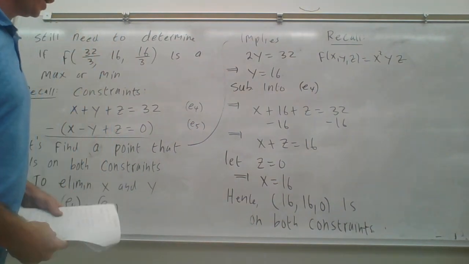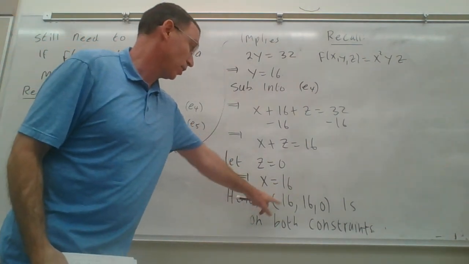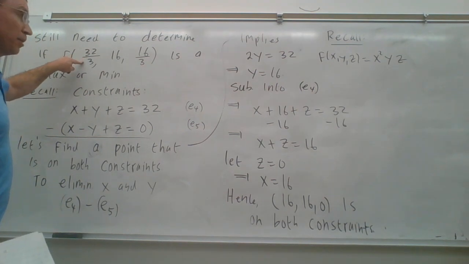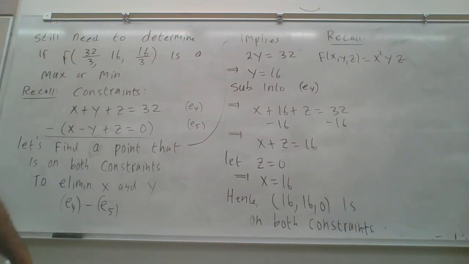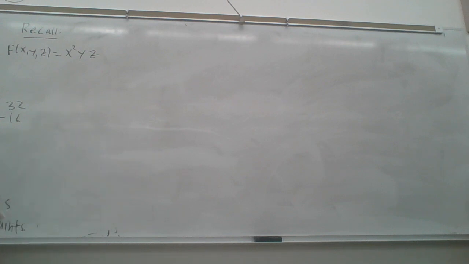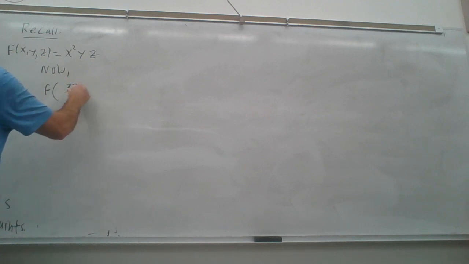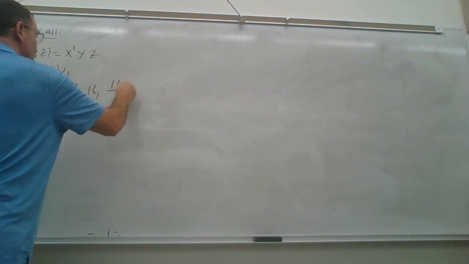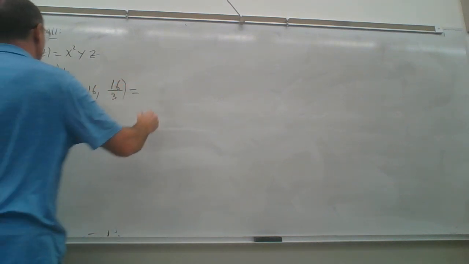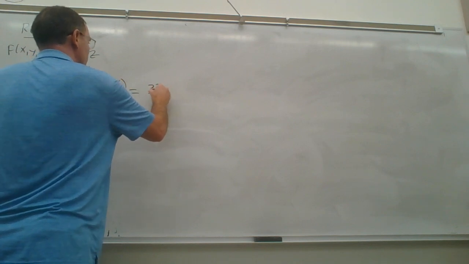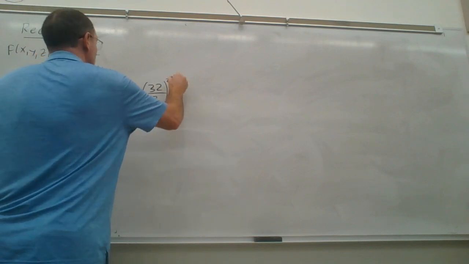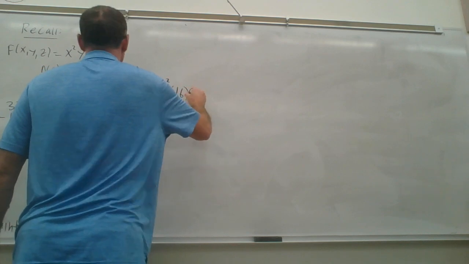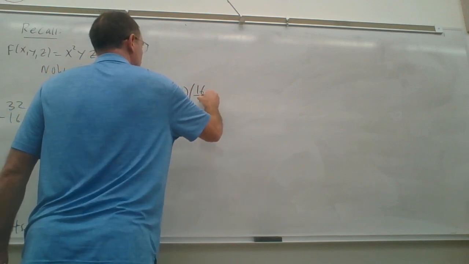So let's evaluate now at 16, 16, 0, and this other point, and compare. So now let's look at f of 32 over 3, 16, 16 over 3. It's going to be x squared, so 32 over 3 squared, times y, 16, times z, 16 over 3.